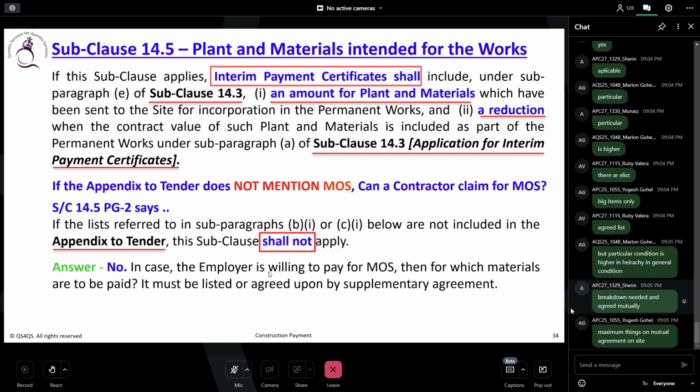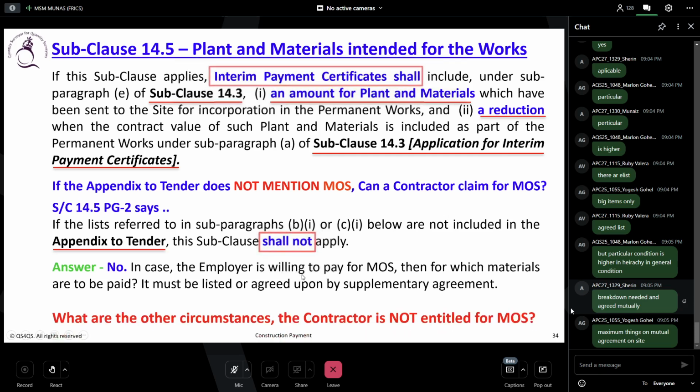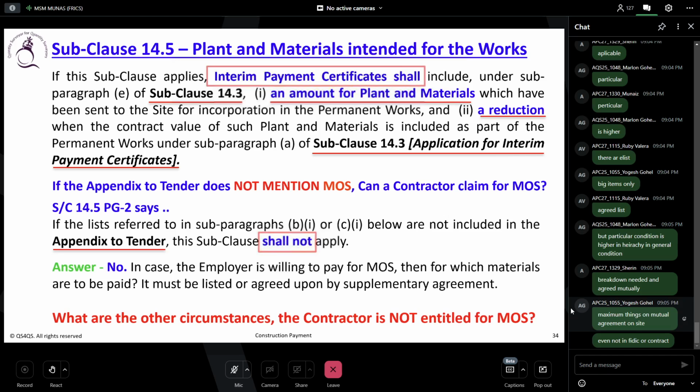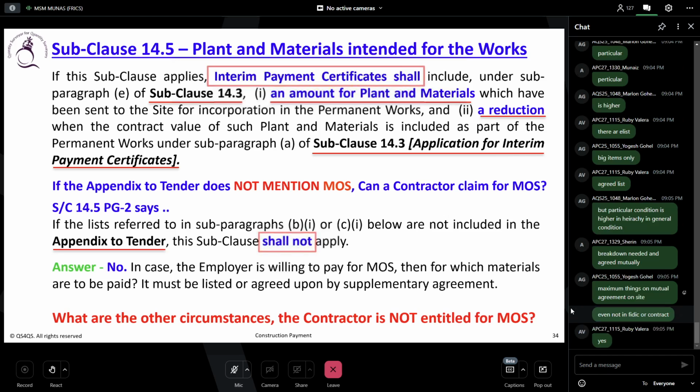If the list is not there, we cannot apply it. That's what, yes. Because which item are you going to pay for, material on site or off site? Practically, that is not workable.